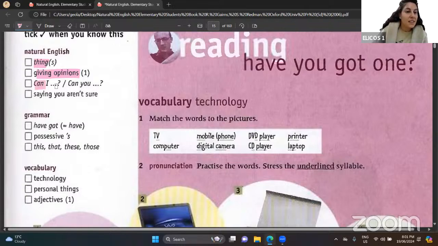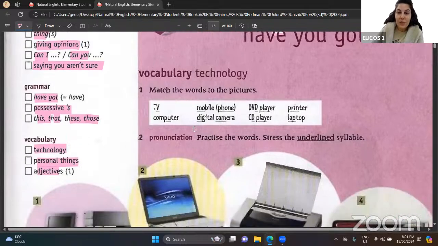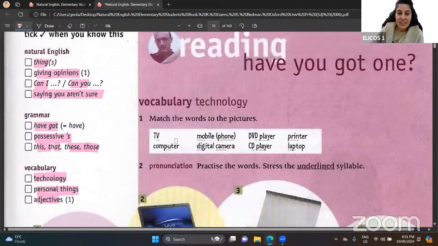We're going to be using can I and can you and saying if we aren't sure. So we're going to look at the grammar have got, the possessives with the S, this, that, these, and those, and vocabulary, technology, personal things, and adjectives. So let's have a look. First of all, vocabulary with things, which objects.